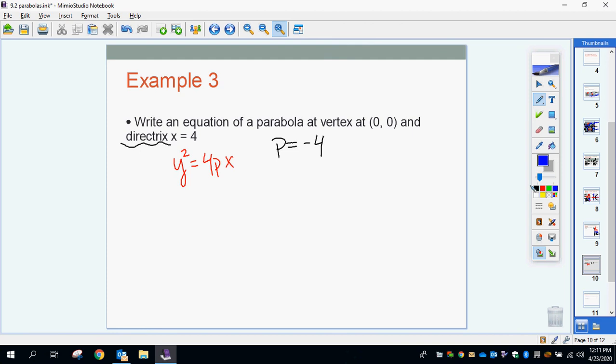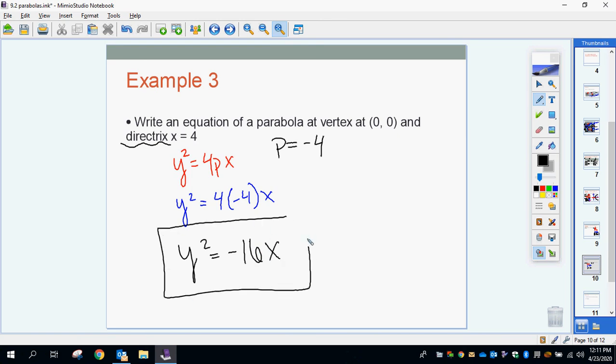Okay, so then we plug in our negative 4 and we multiply to get y squared equals negative 16x. That's the equation of our parabola that has a directrix at x equals 4, that's the line, and a vertex at 0, 0.